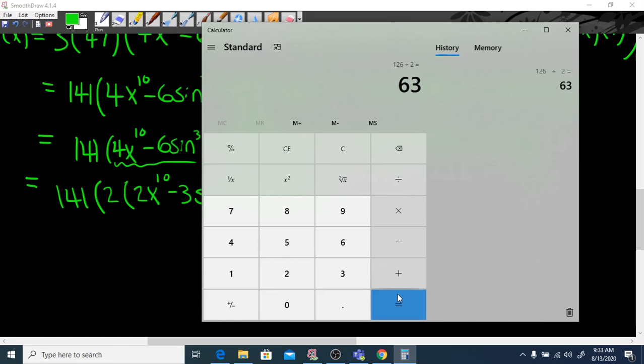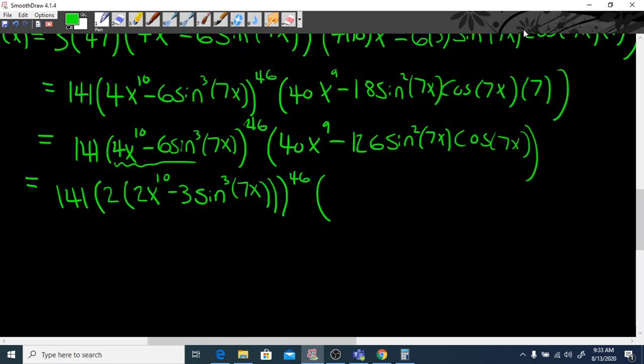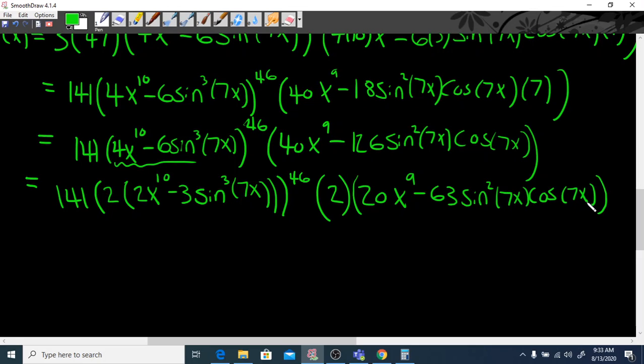Okay, well, yeah, that's as good as it's going to get. So I'm going to pull another 2 out here. There's no exponent, so I can just do this. And I'm going to have 20x to the 9 minus 63 sine squared 7x cosine 7x. All right.